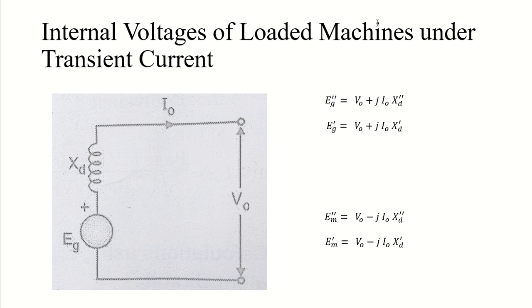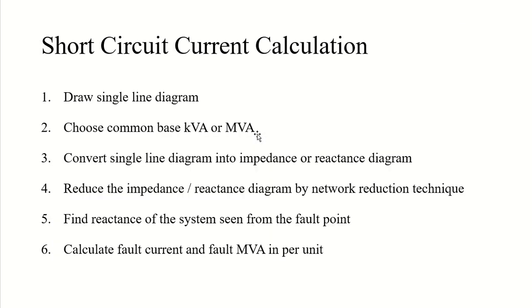Now let's come to the short circuit calculations. We want to find the value of current in the short circuit, and for that we will be required to make many assumptions. So firstly, let's say you want to do analysis of symmetrical fault, right?